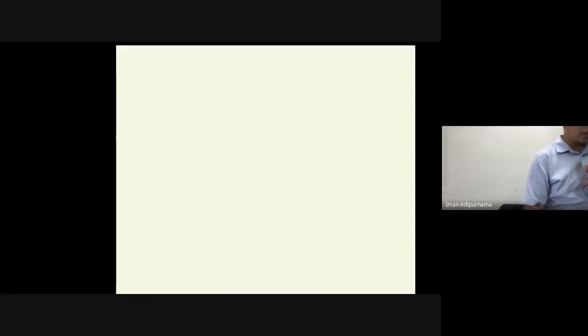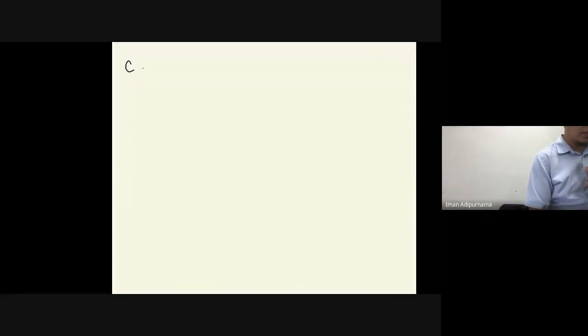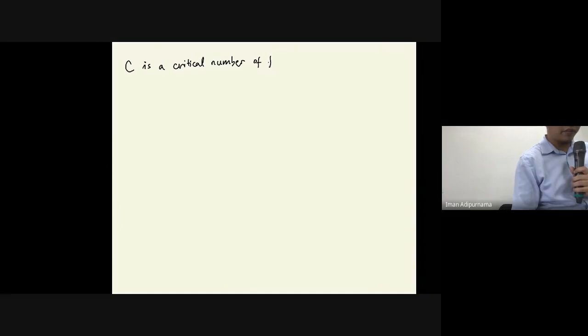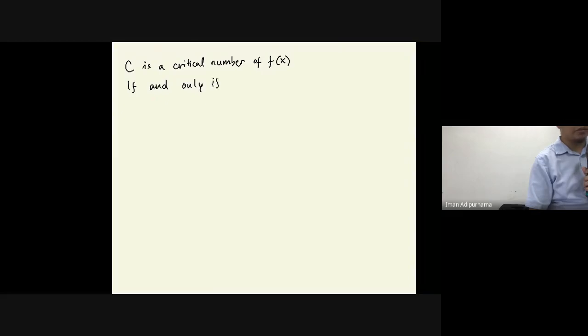The theorem: c is, let's say, a critical number, meaning c is in the domain of f of x, if and only if f prime of c is 0 or f prime of c is undefined.